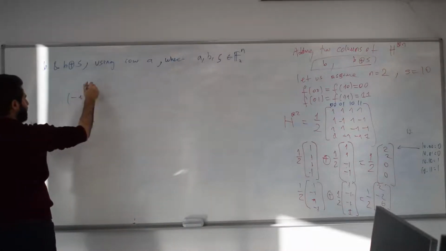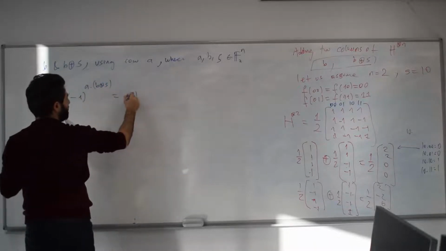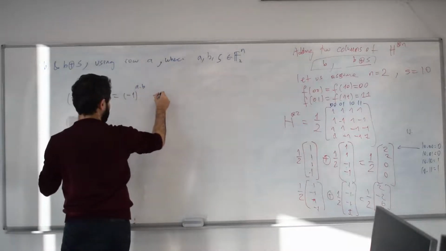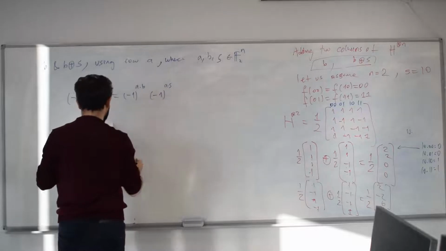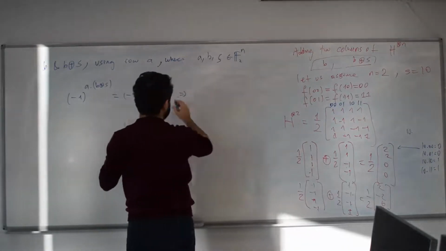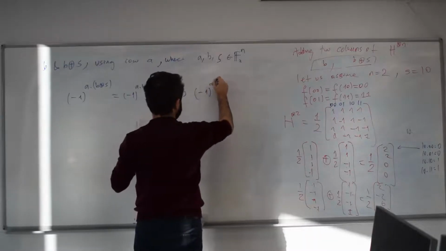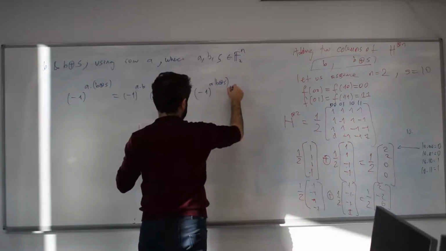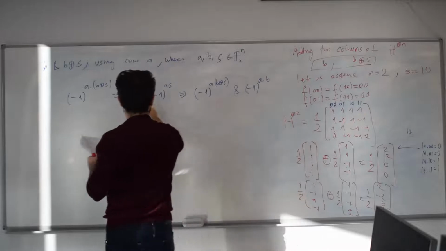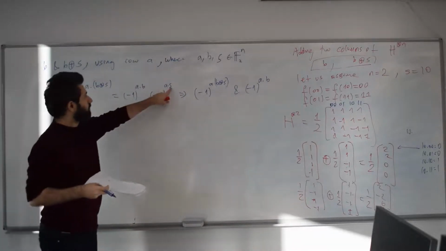A dot product B XOR S, which I can write as (-1)^(A·B) and (-1)^(A·S). That would imply (-1)^(A·(B XOR S)) and (-1)^(A·B). These two are going to be equal to each other if A dot S is 0.